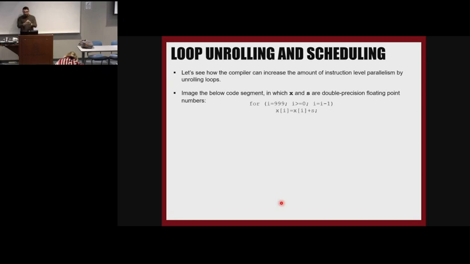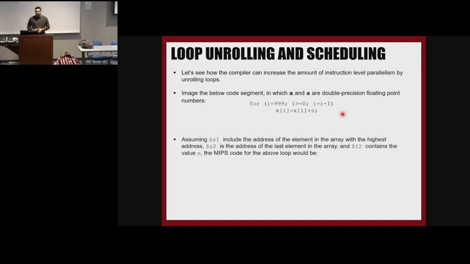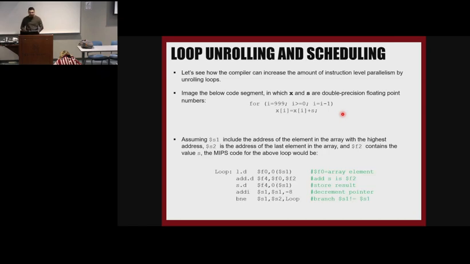So imagine that you have this loop. Okay? It's a very simple loop, and we have x and s values as double precision floating point numbers. If I change this to MIPS code, assuming that S1 includes the address in the array with the highest address, and S2 is the address of the last element of the array.